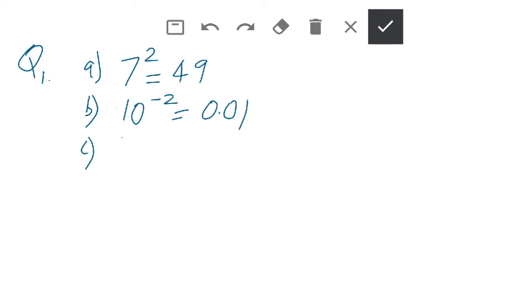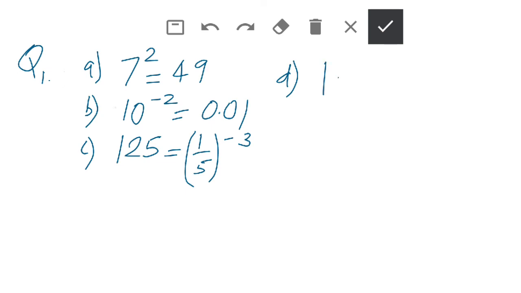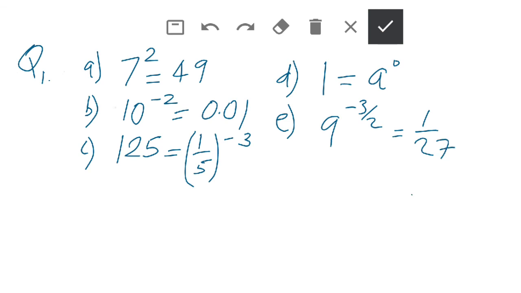C, 125 equals 1/5 raised to power minus 3. D, 1 equals a to power 0. And E, we are having 9 to power minus 3/2 equals 1/27. That's question number 1.